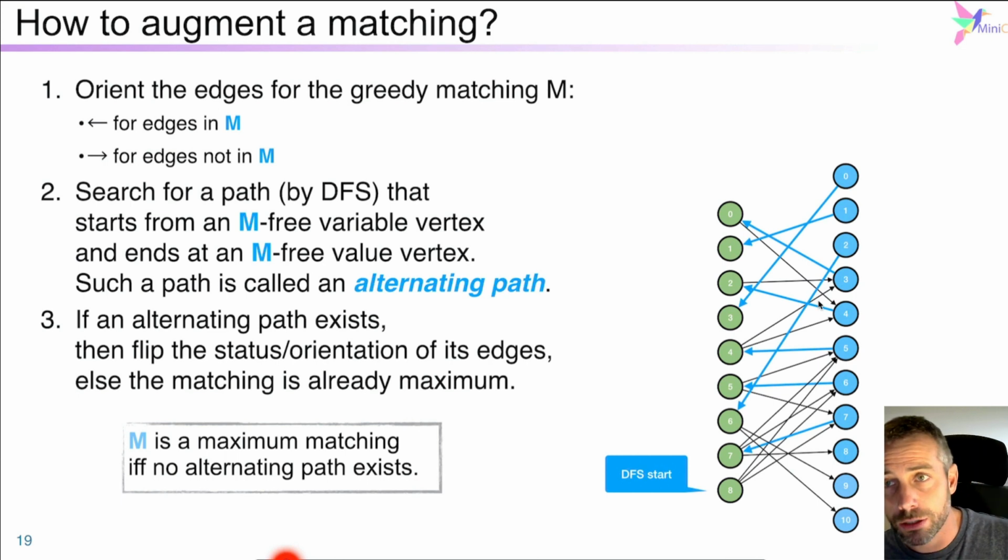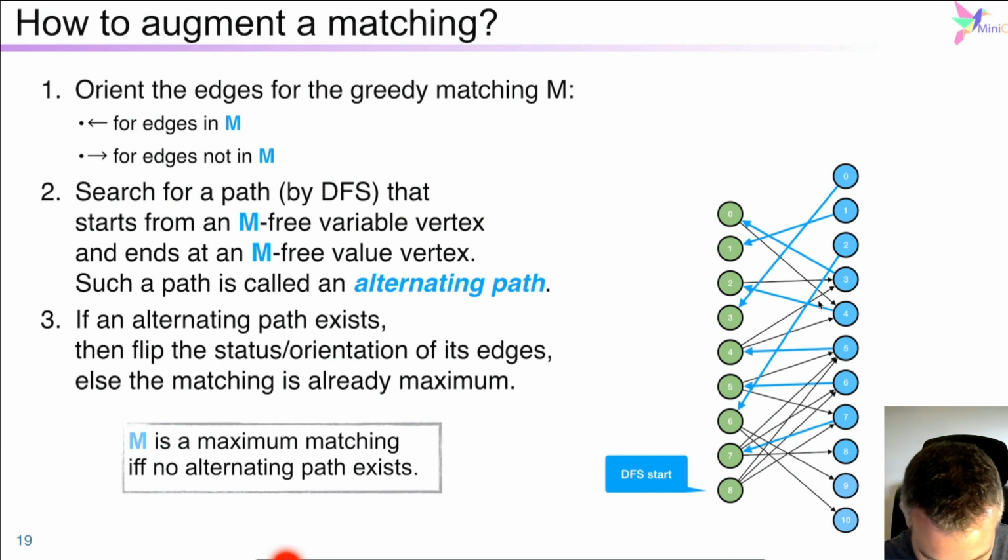It's because the graph is bipartite and I have oriented the edges this way, from left to right and from right to left, depending on their status in the maximum matching. So you try to find an alternating path, and if you're able to find an alternating path that ends up in one of these nodes, it means that the alternating path uses an even number of edges.